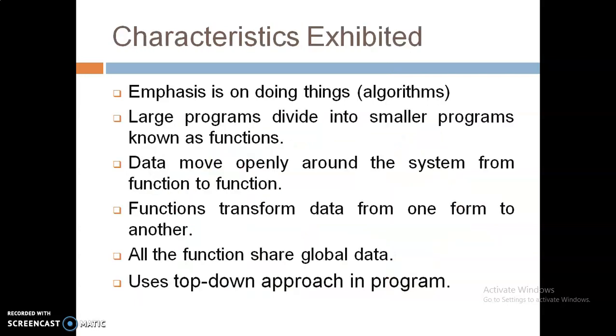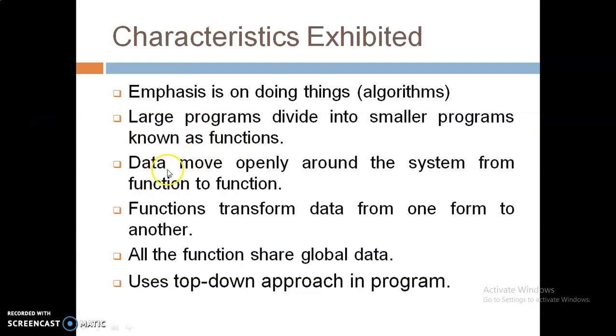So, let's discuss the characteristics of POP. The first one is it emphasizes doing things, meaning POP concentrates on functions before data. The second one is large programs are divided into smaller programs which are known as functions.